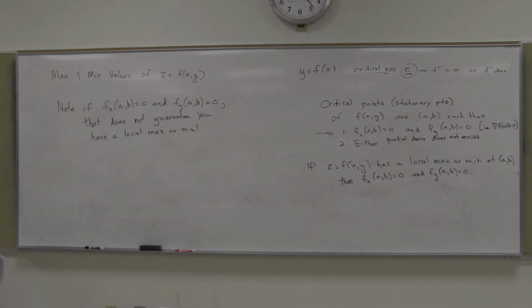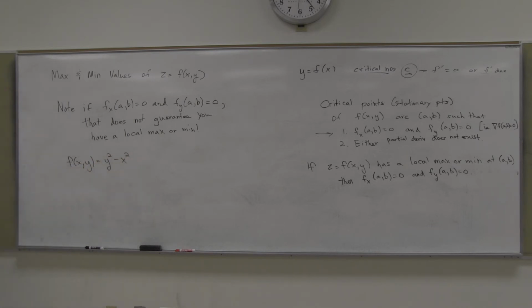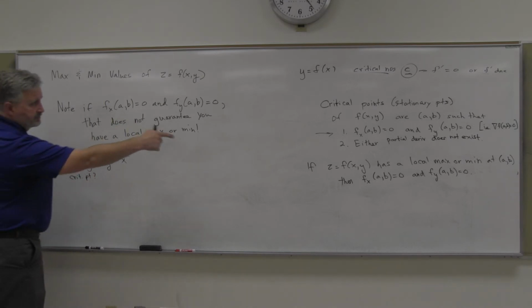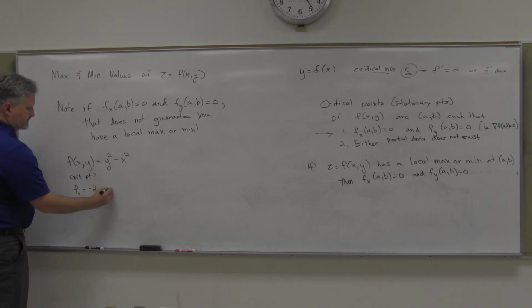All right. Here's what can. Say, for example, we take f(x, y) equals y squared minus x squared. What are my critical points there? Well, to get the critical point, do the partial of f with respect to x, which is negative 2x equals 0.